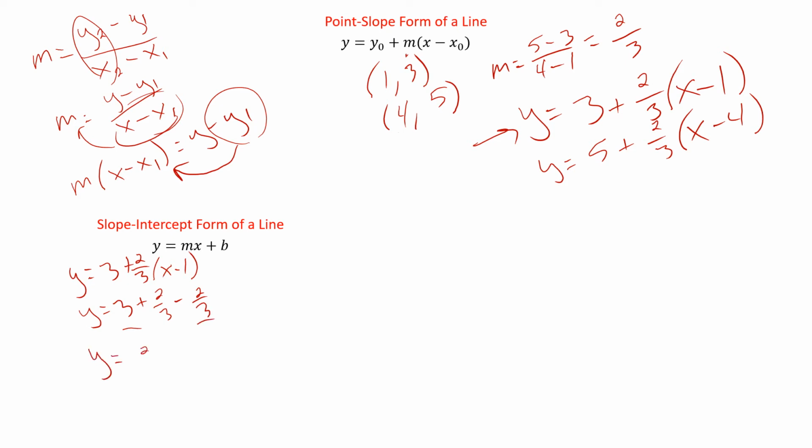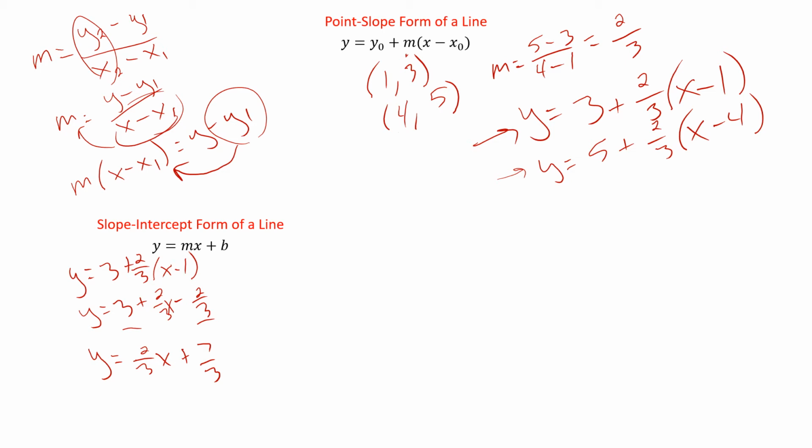Y equals 2/3 x, and 3 minus 2/3 is going to be 2 1/3, or I like improper fractions. 3 is 9/3 minus 2/3 is 7/3. There we go. That's the exact same thing we would get if we did it to this equation as well.